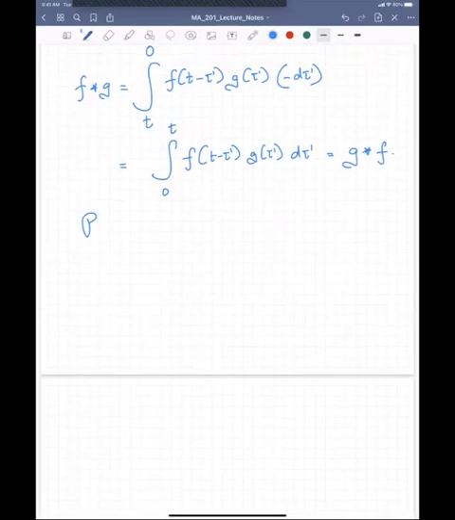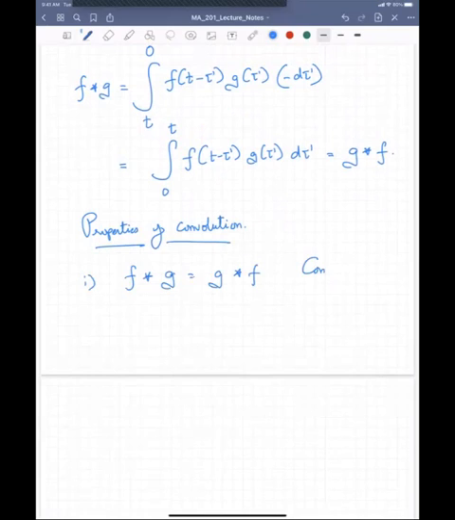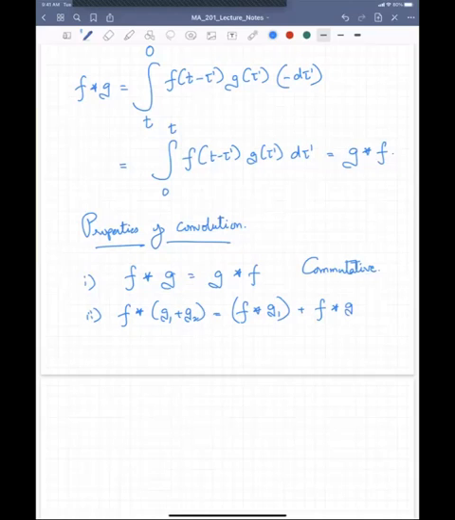So let me list the 4 properties of convolution that are relevant. The first is what we've just discussed. f convolution g is g convolution f. This is commutativity. And if you take the convolution of f with a sum of 2 g's, this is basically taking the convolution and then taking the sum.